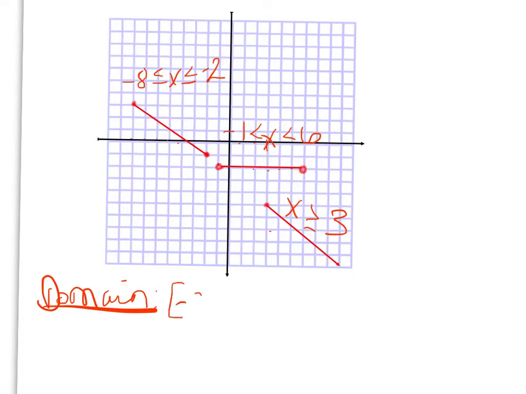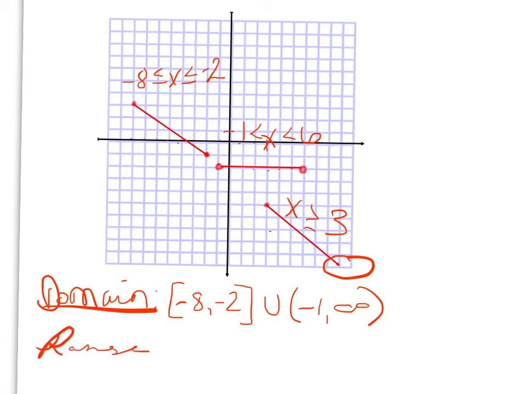So from negative 8 up to negative 2, union with negative 1, and I'm going to say all the way up to infinity, since this arrow does continue going and I can keep getting bigger and bigger than 3.